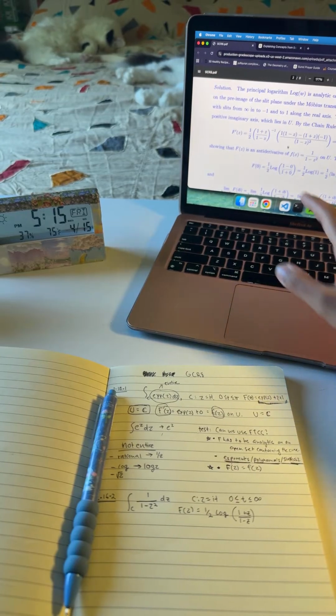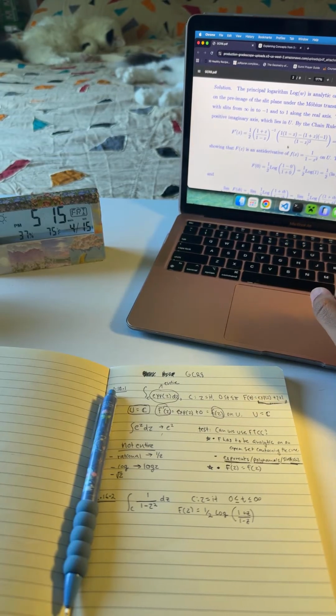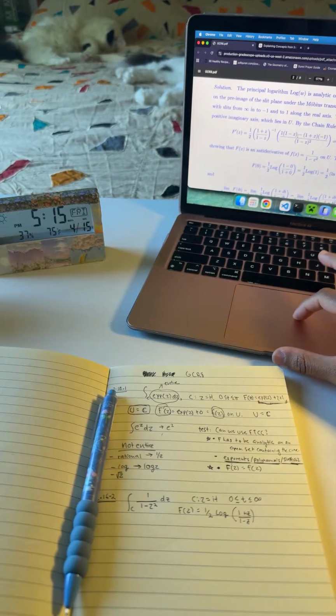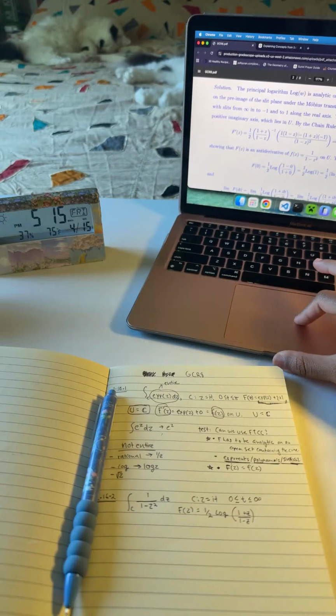By the chain rule and the quotient rule. So this is us trying to take the derivative here, right? But I think what they're doing here is multiplying it by the quotient rule or the chain rule.